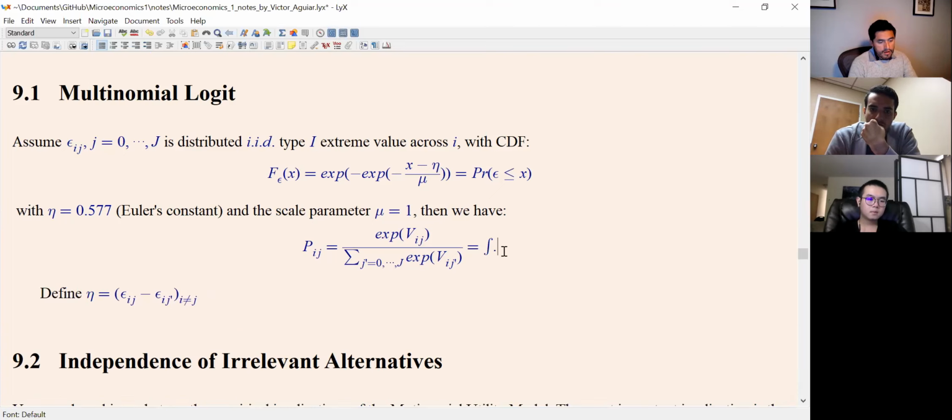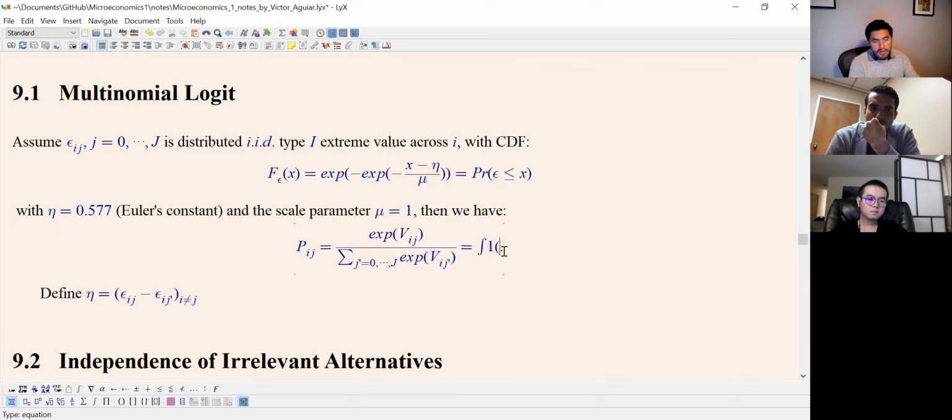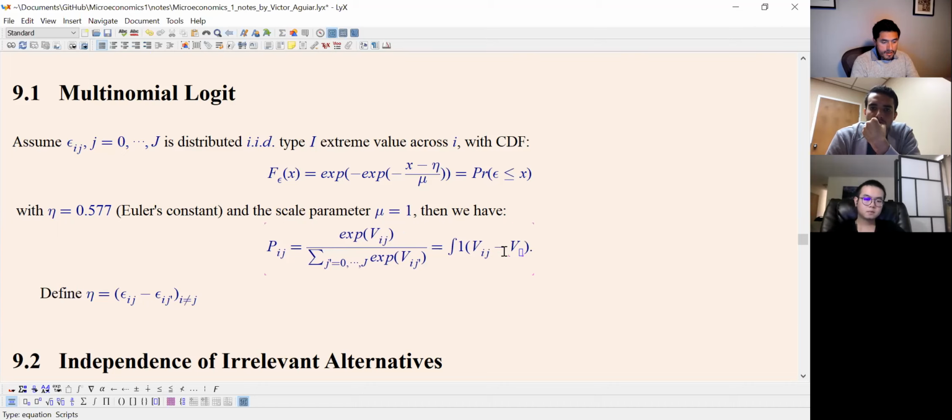And now let me call it other stuff. Okay. So here, what I'm going to do is define this one, which is the binary function that gives you one when the statement inside the parentheses is true. And this is basically telling me that Bij minus Bij prime is strictly greater than the difference in these objects.